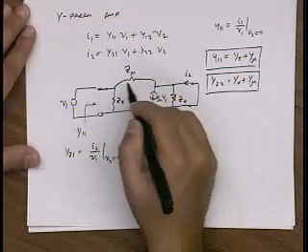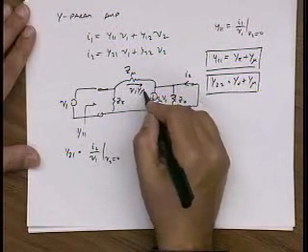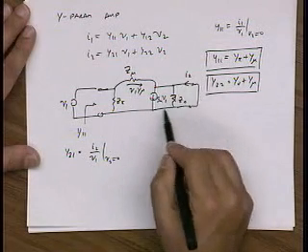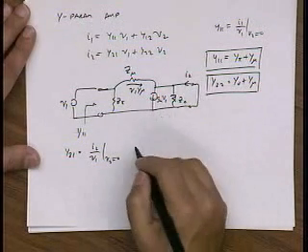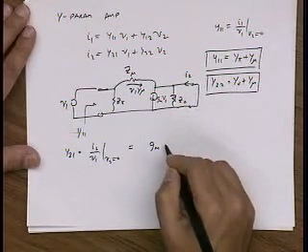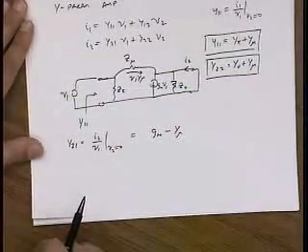So this current is V1 times Y mu, and this current is basically GM V1. So in the total current, I get GM minus Y mu for my Y21. Okay?